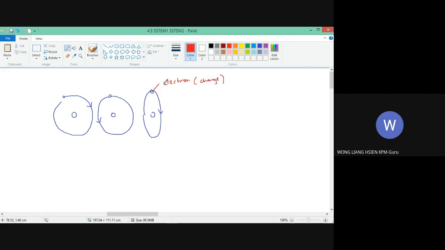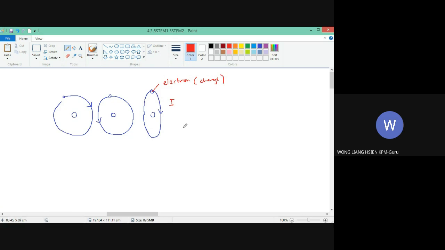So when the electron is orbiting, that means the electron is flowing. If the electron is moving, that means charge is moving. If charge is moving, that means you have current.